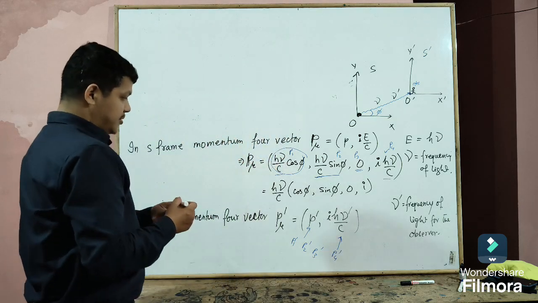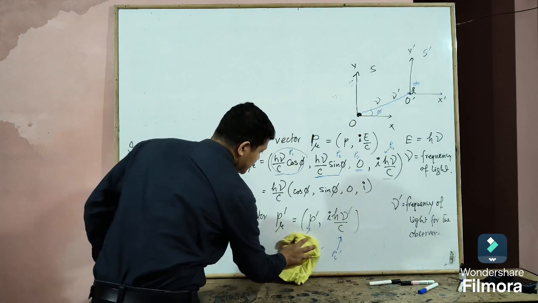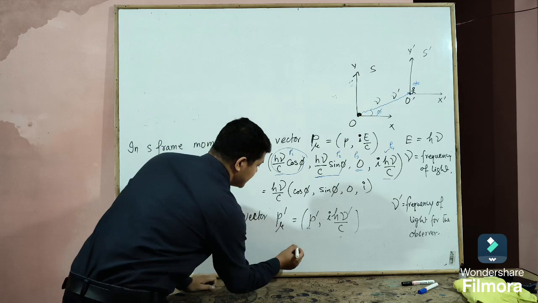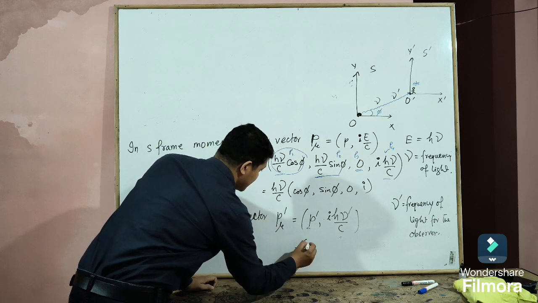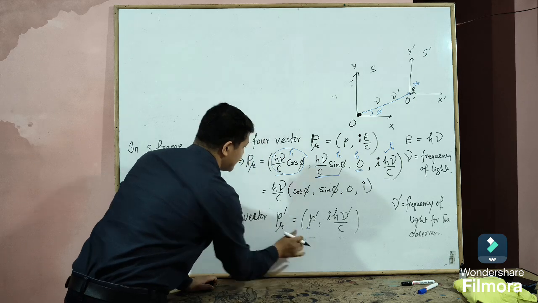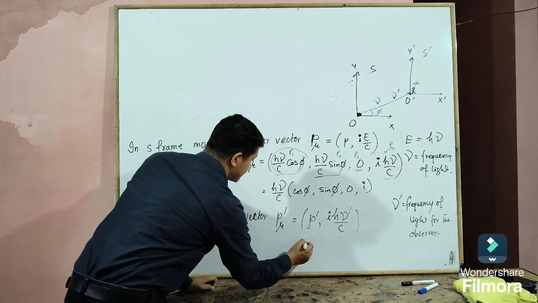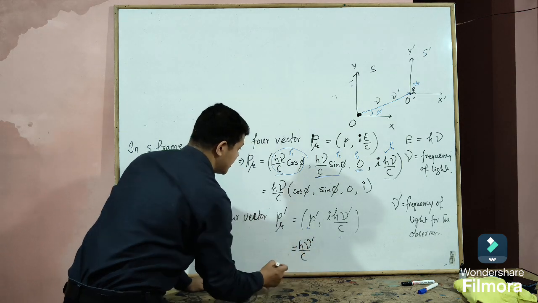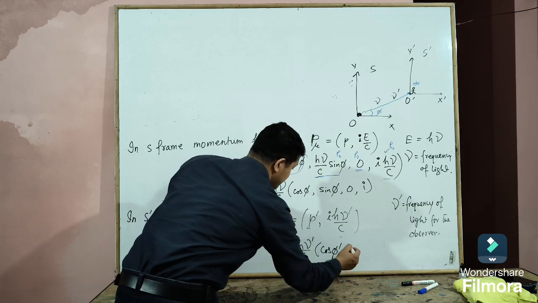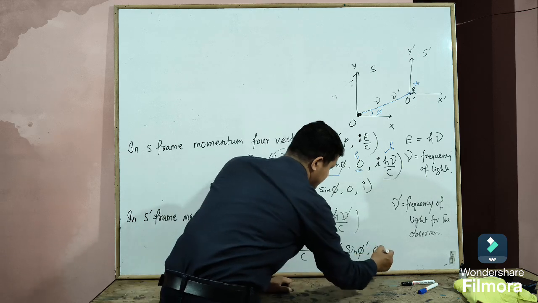Okay, and then what we can write here, we can write this way. This is nothing but nu dash. Again, let me write this system directly. What if you take the h nu dash by c common, then within the bracket you're gonna have cos phi dash, comma, sin phi dash, comma, 0, comma, i.